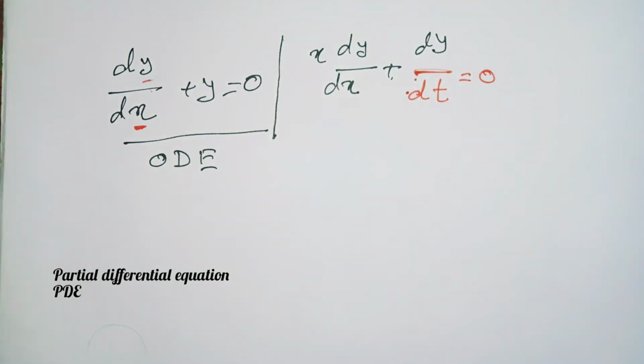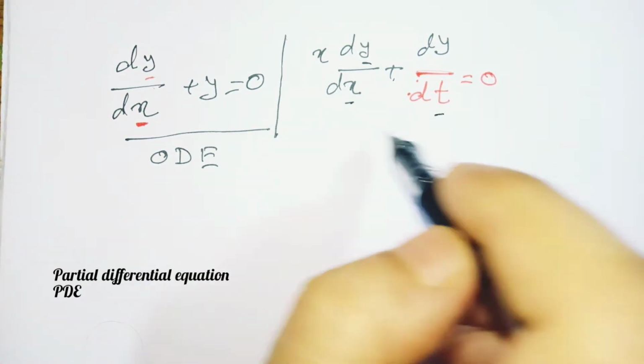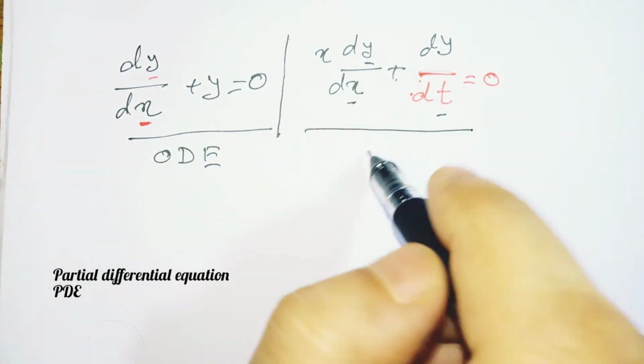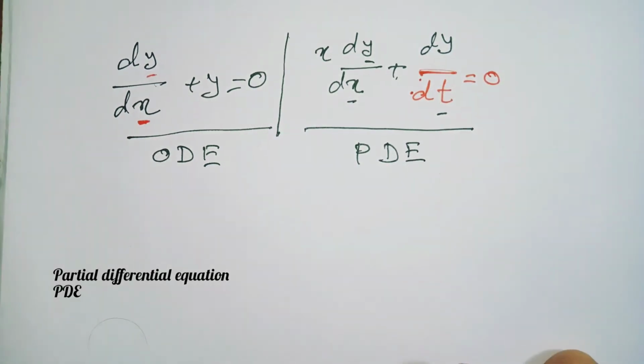Now you see that there are three variables involved, x, y, and t. And that is the reason we call it a partial differential equation, or PDE.